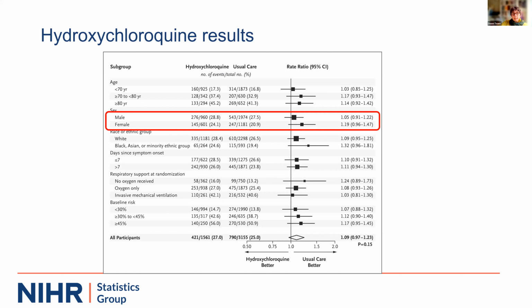So on the whole, it looks that hydroxychloroquine could potentially be a little bit more harmful than usual care, but there's certainly not sufficient evidence that there's any benefit.